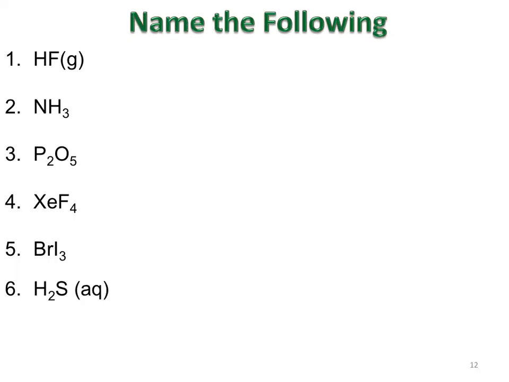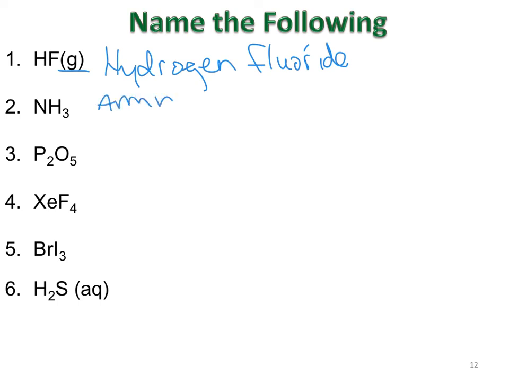So let's name a few. HF in the gaseous form is hydrogen fluoride. NH3 has a common name. It is ammonia.